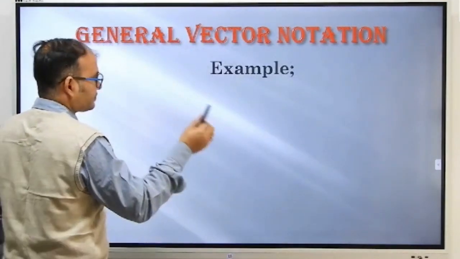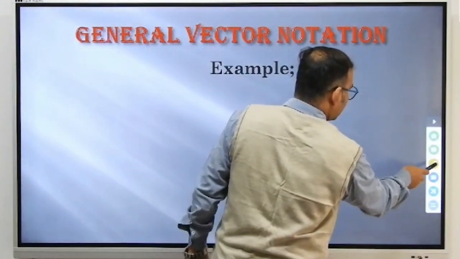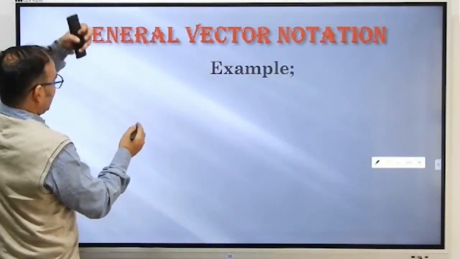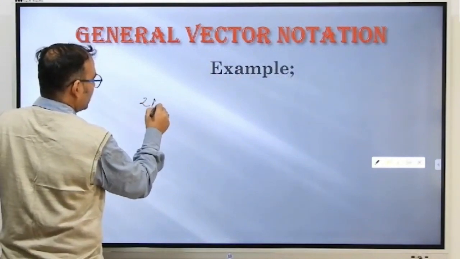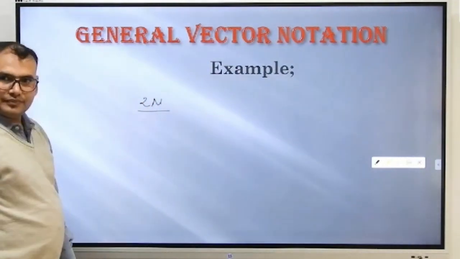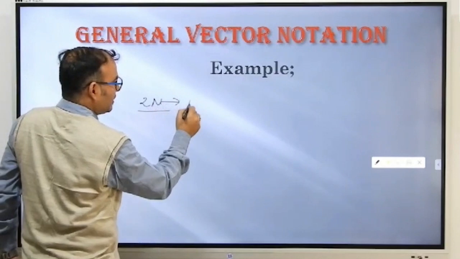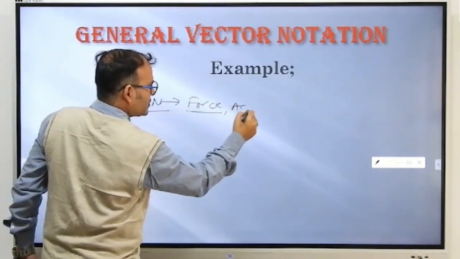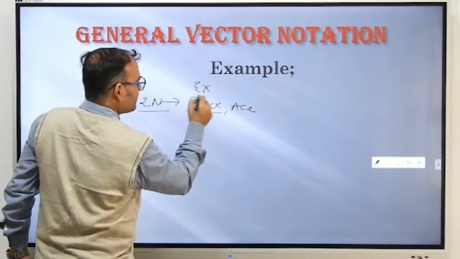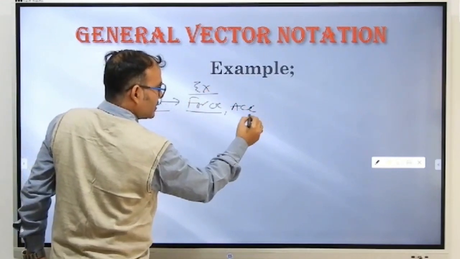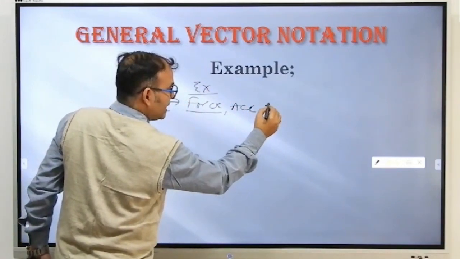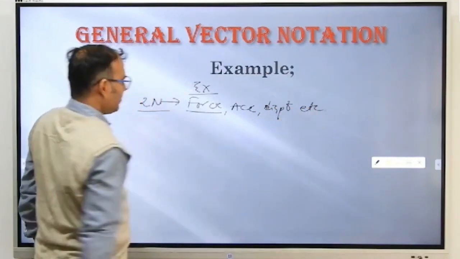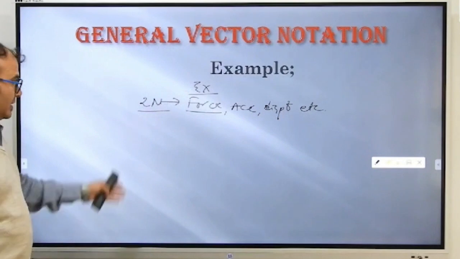For example, suppose I am representing 2 Newton in terms of a vector. This is the force. Examples of vector quantities are force, acceleration, displacement, etc.